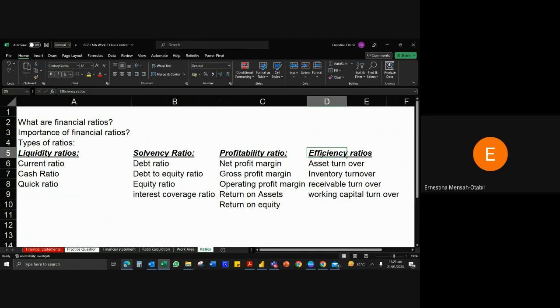That is when efficiency ratios come in, to show whether you can manage your assets or your liabilities efficiently to bring out the desired outputs that the company would want. So now let's move to the first one, the asset turnover.